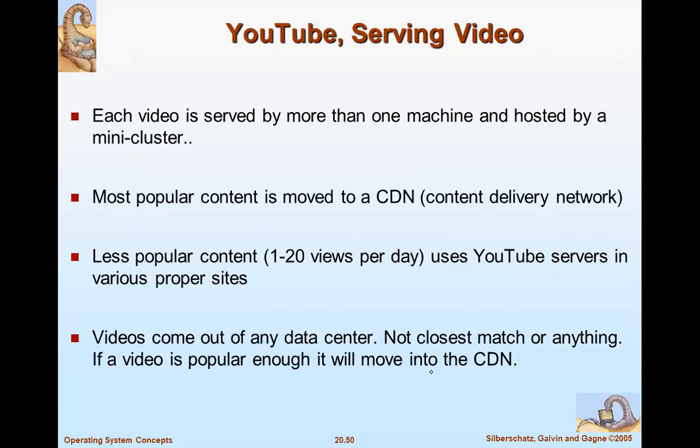Here he has given some examples of YouTube as well, which is serving videos to the client. Here each video is served by more than one machine and hosted by a mini cluster as well. Sometimes there is a group of systems or servers providing this service to the user, and that's why the user doesn't know from where he is getting service.